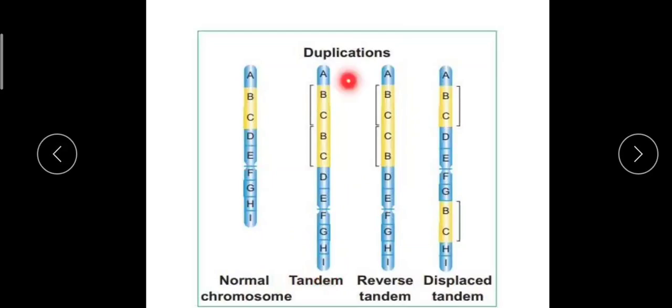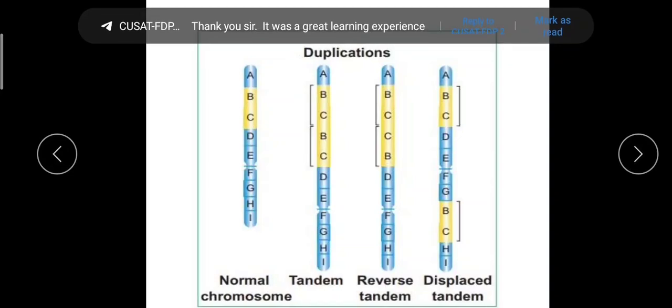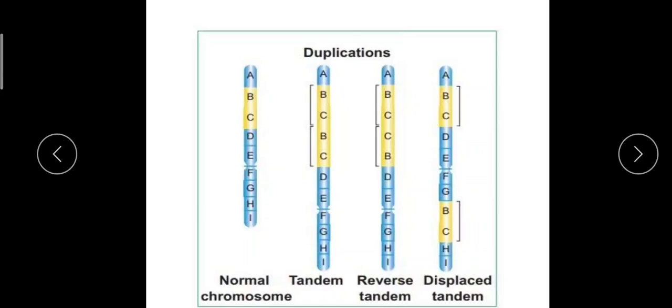Here you can see A, B, C, and this BC segment is duplicated once to form one extra copy. So it becomes A, B, C, B, C, D, E up to I. The rest is normal. Only this BC segment is duplicated. So that is tandem duplication. It is duplicated in the same order. The order is not changed.